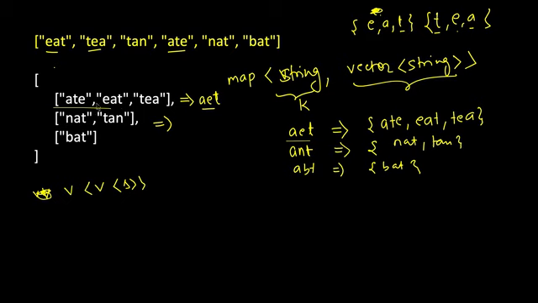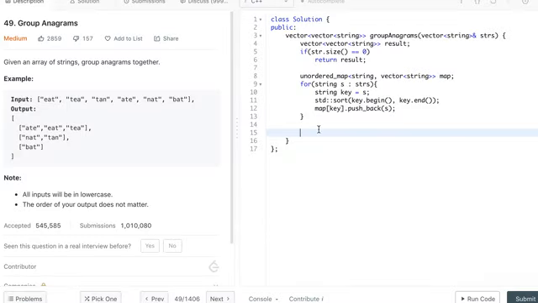And once we are done with that, our code should be complete. P I am writing for pair because in the unordered map, it's a key-value pair. You can write some more meaningful names.